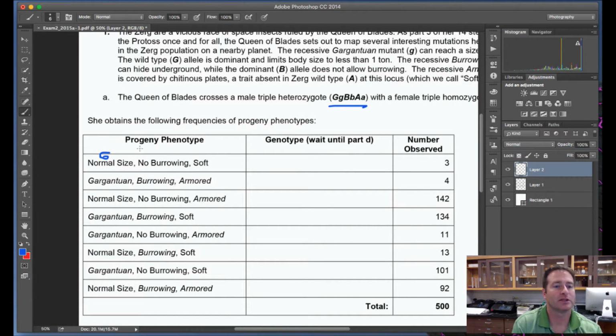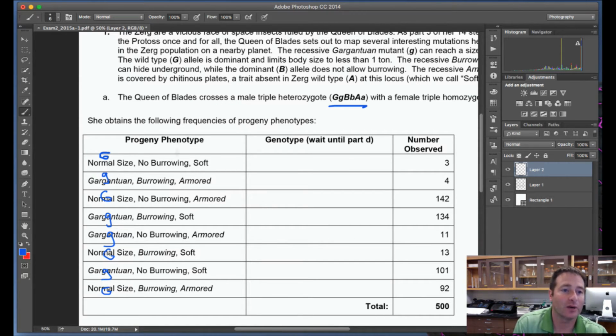Okay, so what I like to do when I lay these problems out is just take it one phenotype at a time. So this first phenotype, it's all in the same column here, and so this will be little g, big G, and little g. Once again, obligatory apology for bad handwriting.